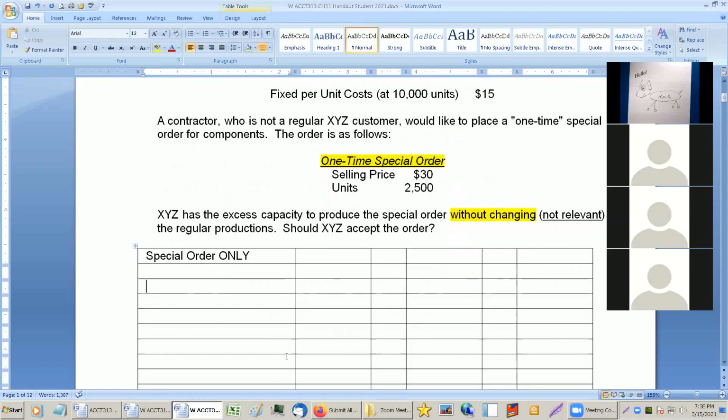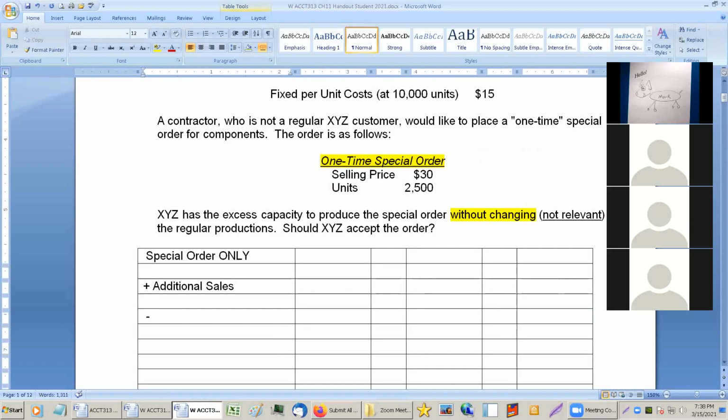So what we're going to do is find out what additional sales will we have? Money coming in.